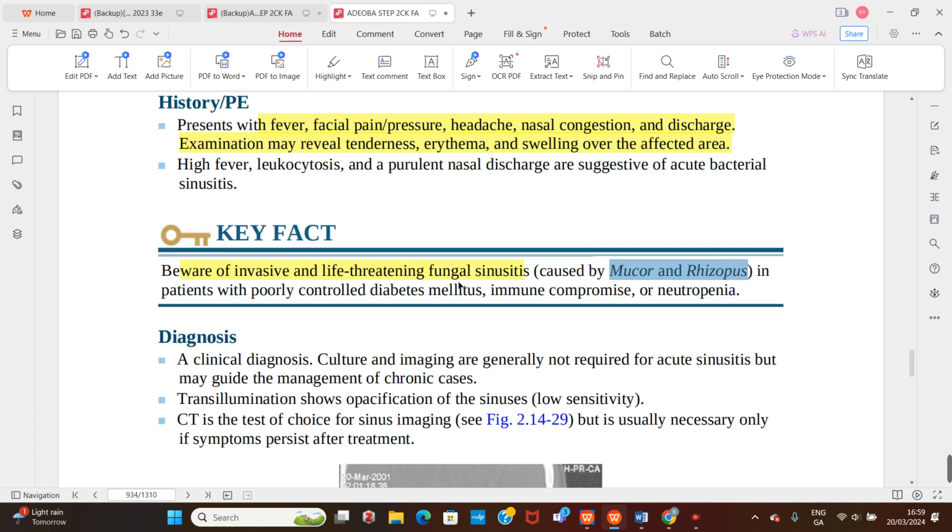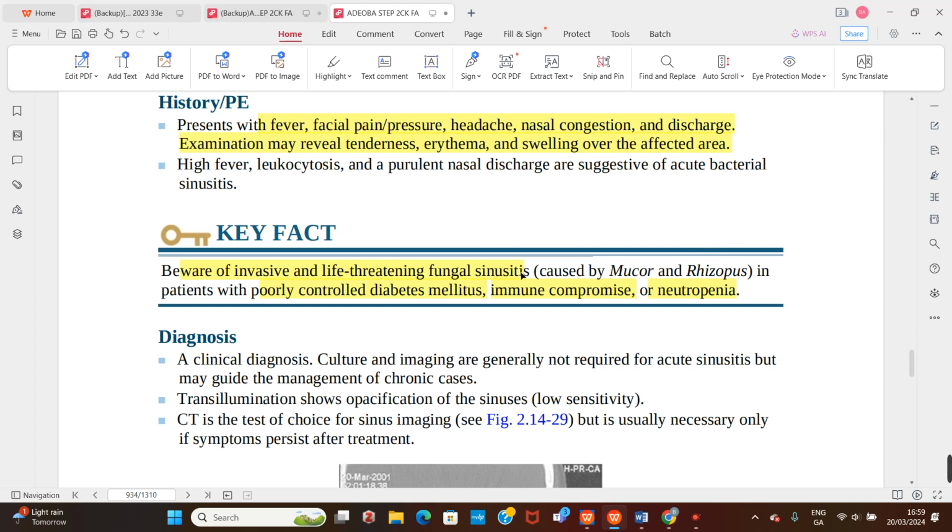And you are definitely going to get a background history of immunosuppression, either from diabetes or from use of medications or HIV, or commonly leukemia, or anything that can cause neutropenia. Most of the time, it can be neutropenia or diabetes mellitus. Just know that background immunosuppression is very important for the mucor and the rhizopus to thrive.